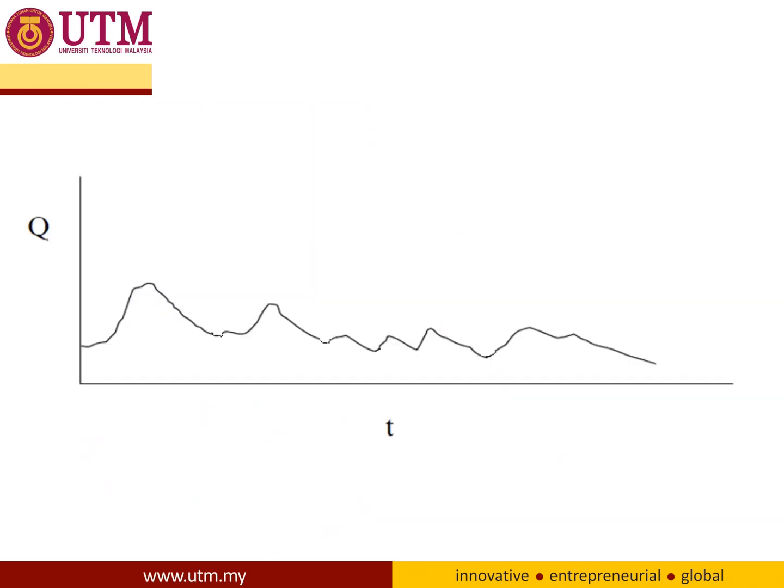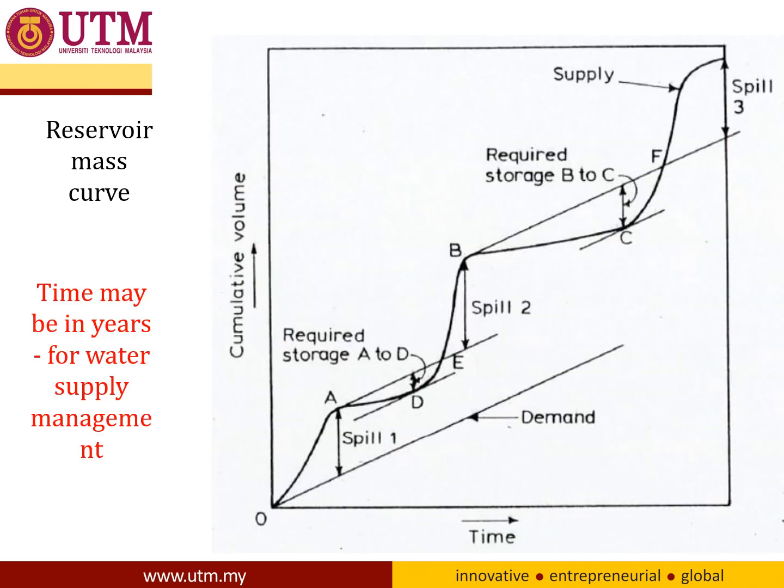In reality, hydrographs will look like this, and there are a lot of peaks, ups and downs. This is a longer time period. The previous slide shows one event of a hydrograph, but in reality, the discharge records or observations look like this, with a lot of peaks, ups and downs, because over a longer time period there are a lot of ups and downs in the discharge.